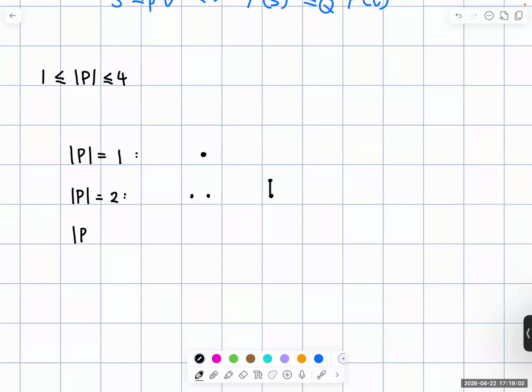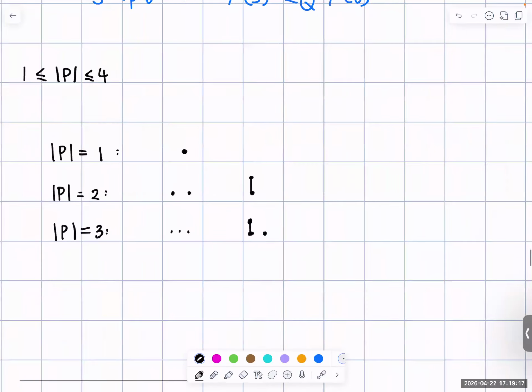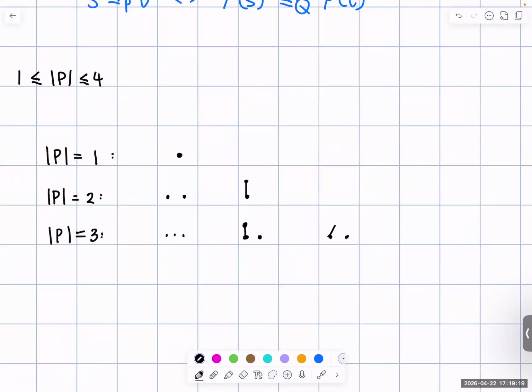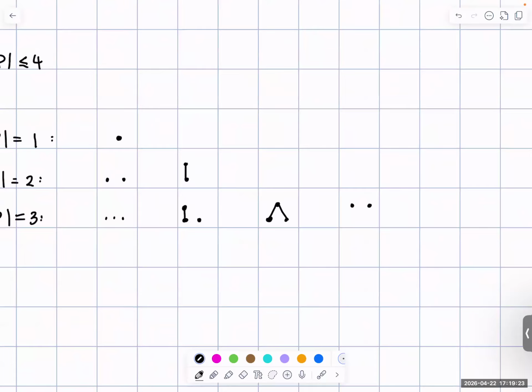And then if it's 3, then I will have 3 dots, right? Or I can compare 2 of them and then one is incomparable. Or if you like, you can do this, right? Or you can do the flip. When you flip it, you can see that they are just the dual.